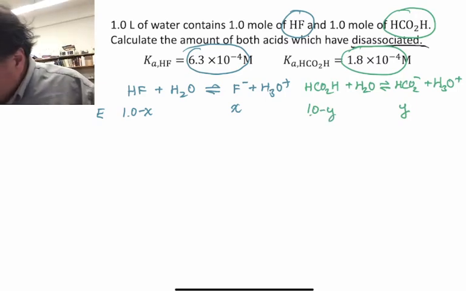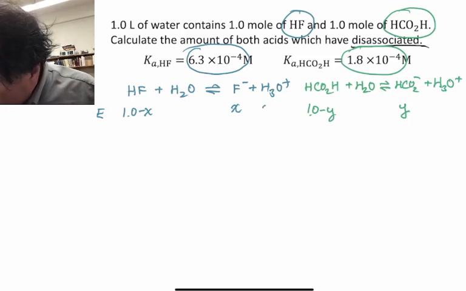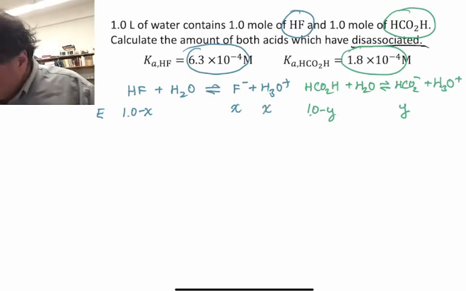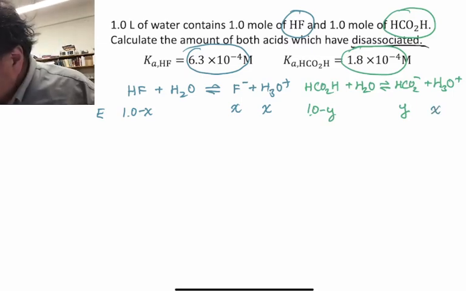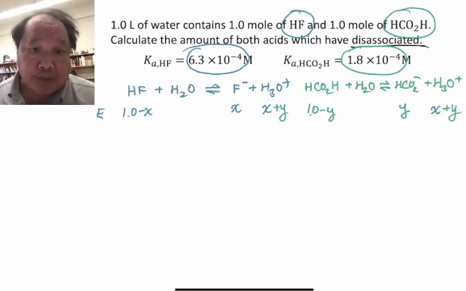The first reaction with HF produces some H3O plus, and the second reaction also produces some. So the H3O plus is now X plus Y.